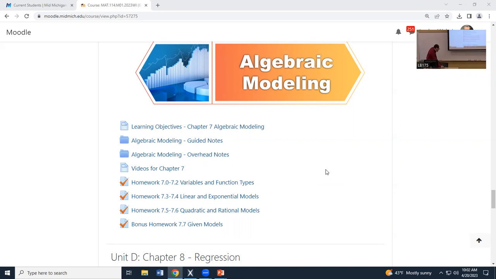You can see the homeworks there. Oh, the remaining ones, I should say. Last Friday, we had homework due too, the one on the three types of models.